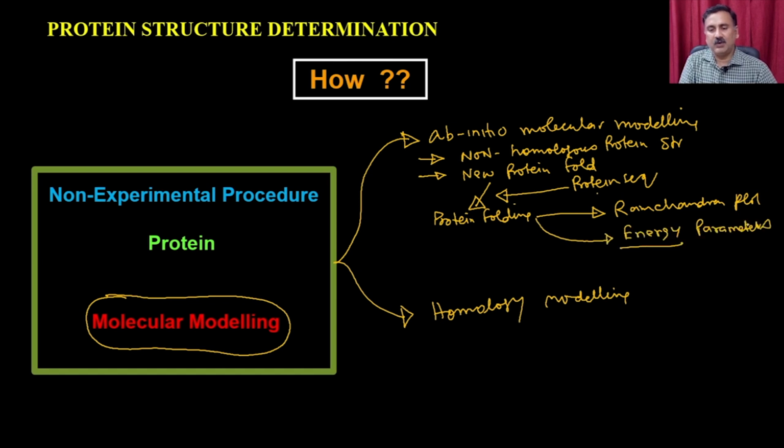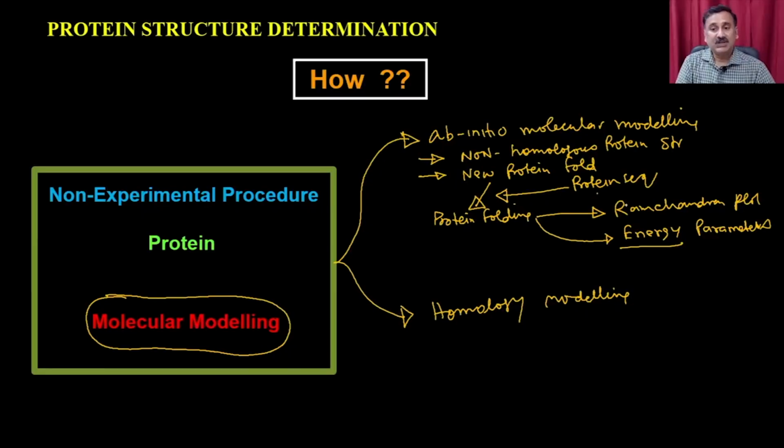Because if you are going to get a good model, it is going to show you low free energy, right, so that the molecule is going to be more and more stable. But if there is steric hindrance, if there are clashes between the side chains, you will get that information from the Ramachandran plot, and that is also going to be reflected in the energy parameters.